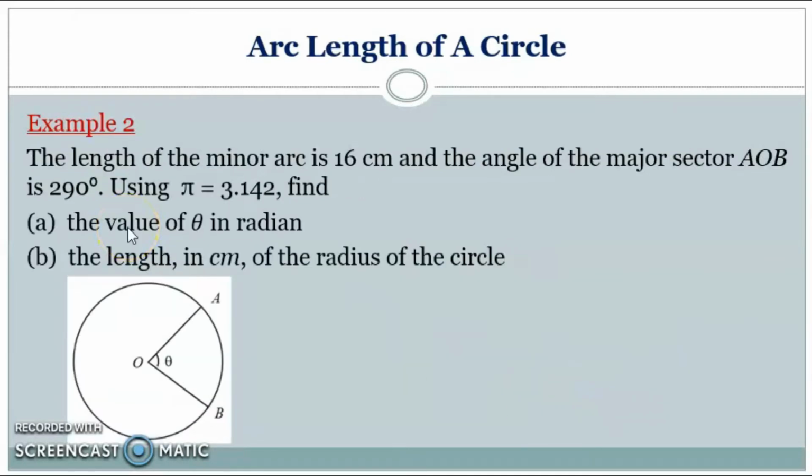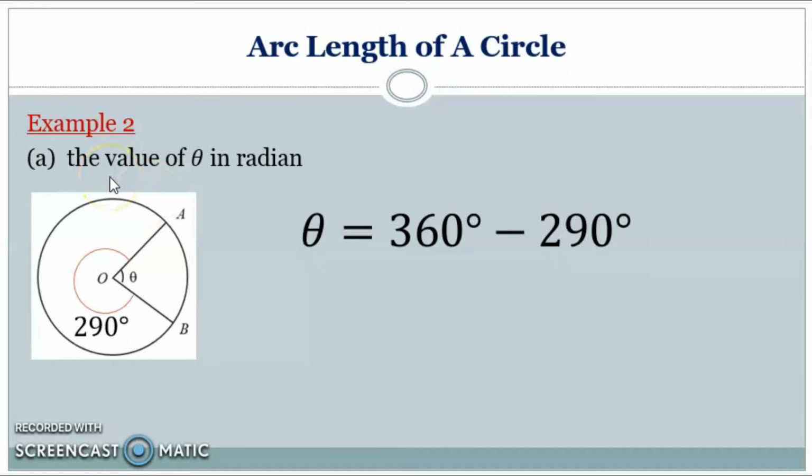Let us try one more example. Example 2. The length of the minor arc is 16 centimeter and the angle of the major sector AOB is 290 degree. Using pi equal to 3.142, find A, the value of theta in radian, and B, the length in cm of the radius of the circle. To find the value of theta in radian, first we know that the total angle of a circle is 360 degree.